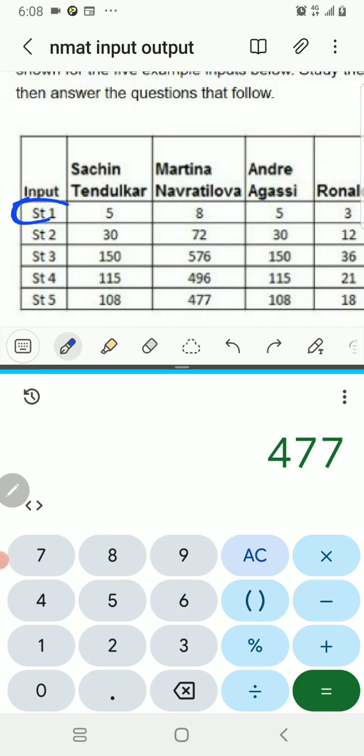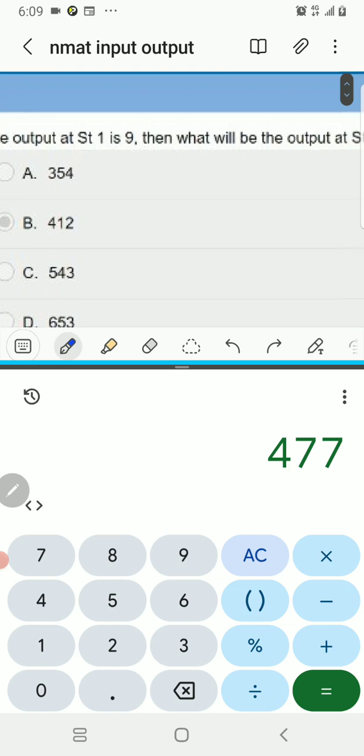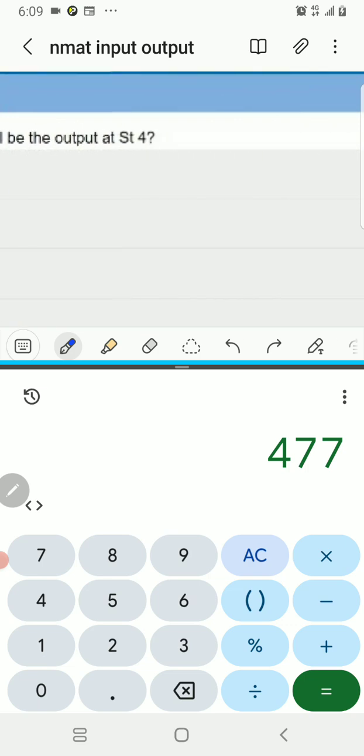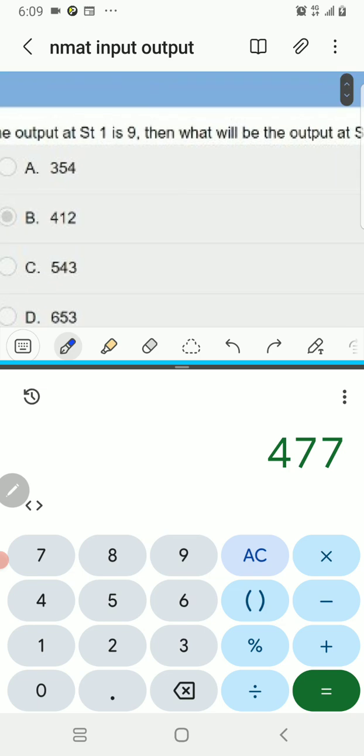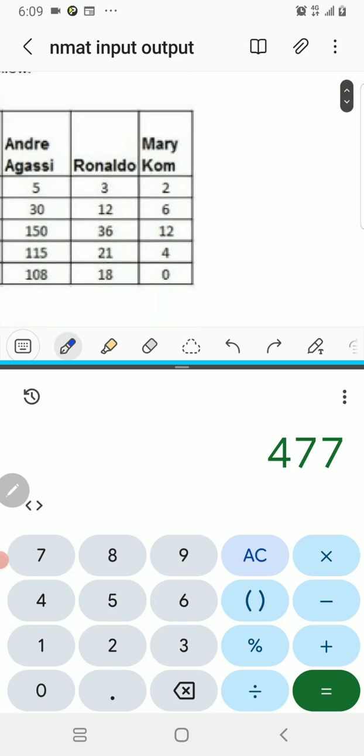Solving the questions will be much easier since we have decoded the pattern. Here comes the question. If the output at stage 1 is 9, then what will be the output at stage 4? This will be very easy.